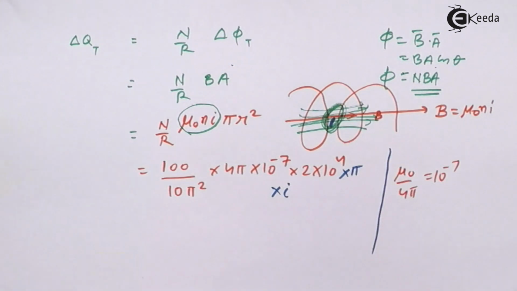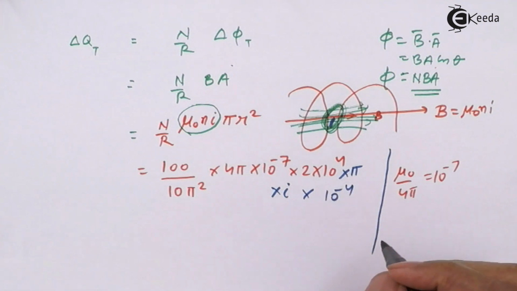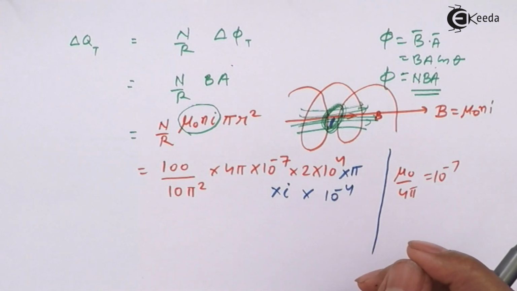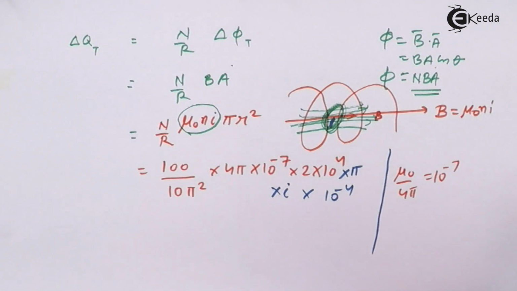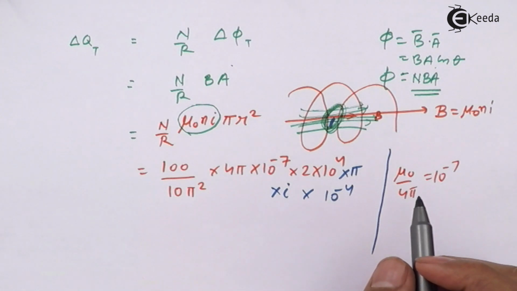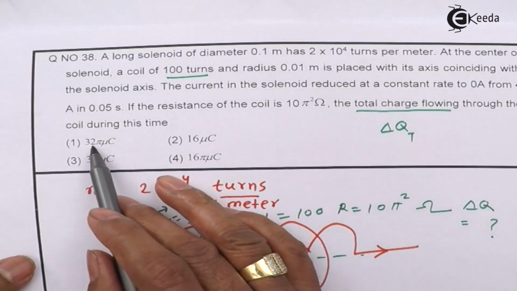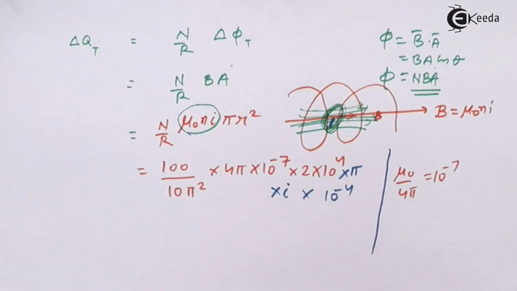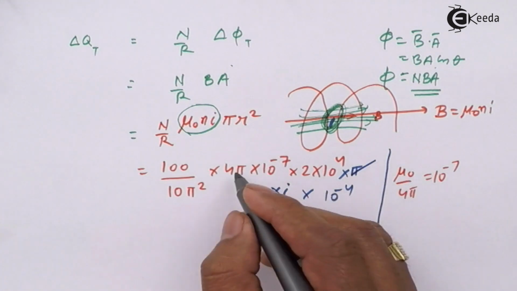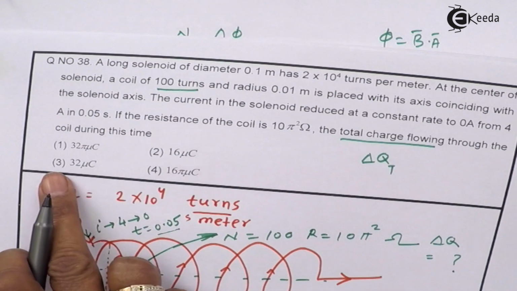The radius is 0.01, so its square is 10 to the power minus 4, since 0.01 is 1 upon 100, 10 to the power minus 2, squared is minus 4. Now it is in microcoulomb. Pi is also there, so we'll see whether pi will cancel out, because there is pi square here, and pi and pi will cancel out. So the option will be either 3 or 2.